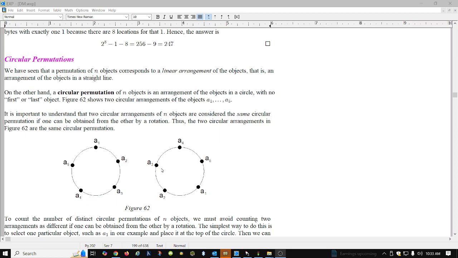Now, circular permutations are considered to be the same if one of those permutations can be rotated to be the other. And that's the case for these two. Listen to the indices as I go clockwise. 1, 2, 3, 4, 5. And then if I come down here, 1, 2, 3, 4, 5. These are the same circular permutation.